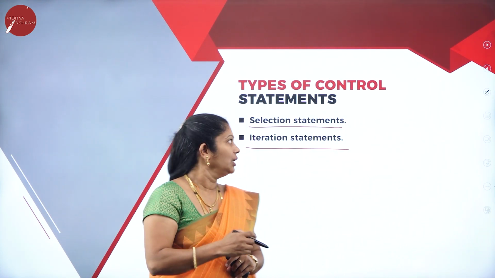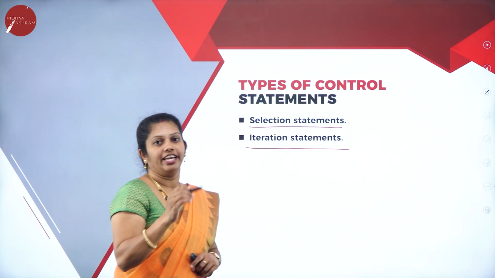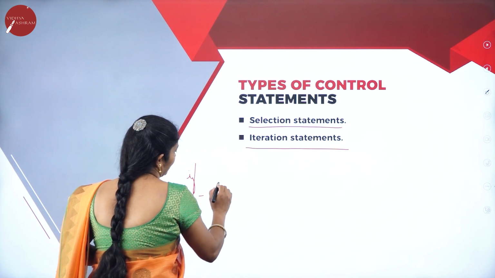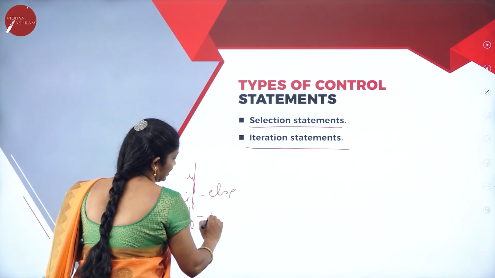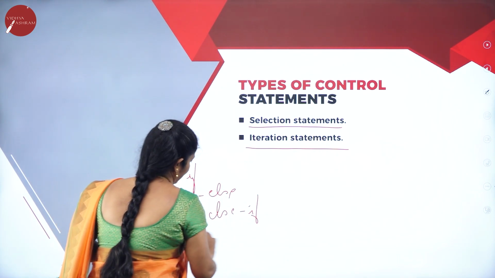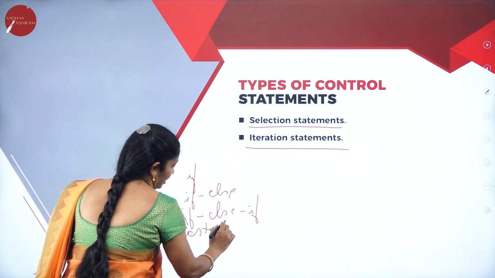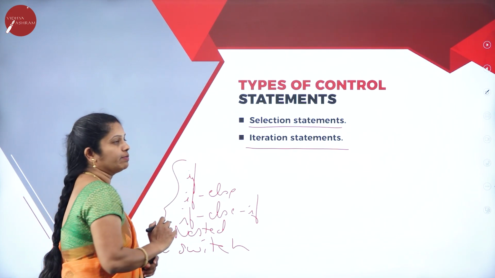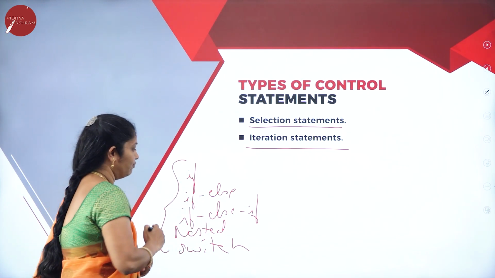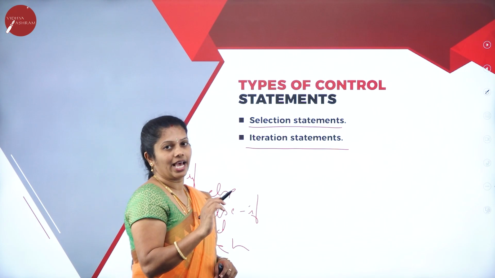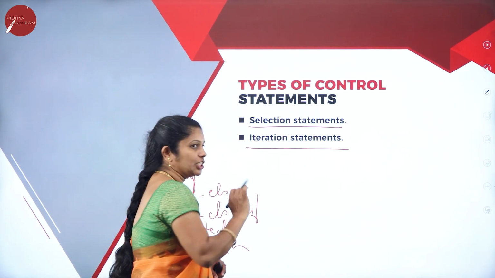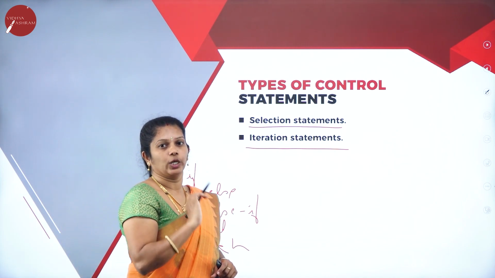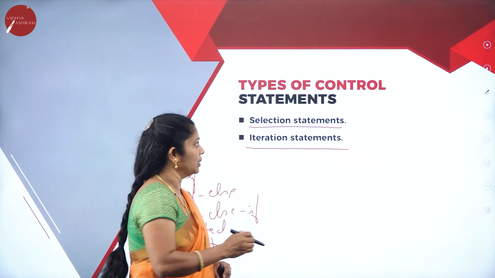When we come to selection statement, there we have if statement, if-else statement, if-else-if statement, nested statement, as well as switch statement. There are 5 types under selection statement: if, if-else, if-else-if, nested, as well as switch statement. Selection statement is nothing but selecting the statement depending upon the requirement, depending upon the condition.